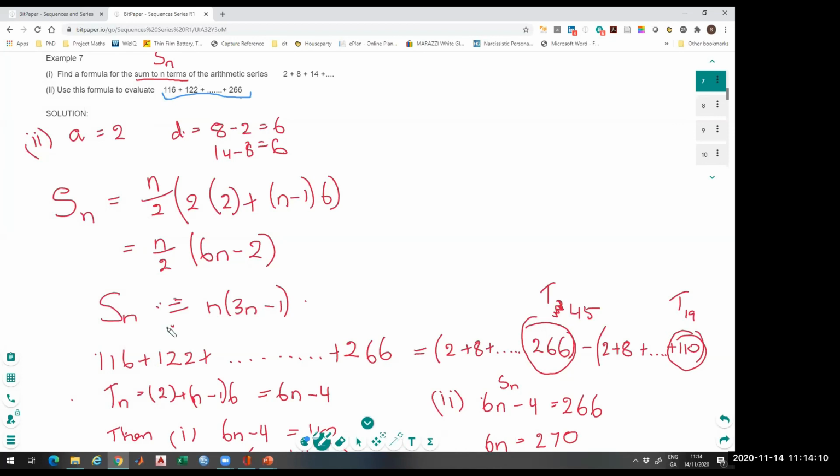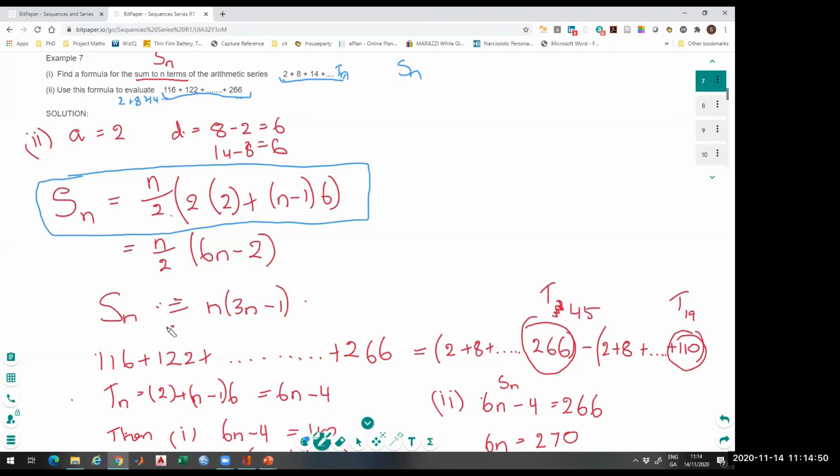But if we use the formula for S of n directly with n as 266, it would give us the sum of all the terms from 2 plus 8 plus 14 up to T of n.